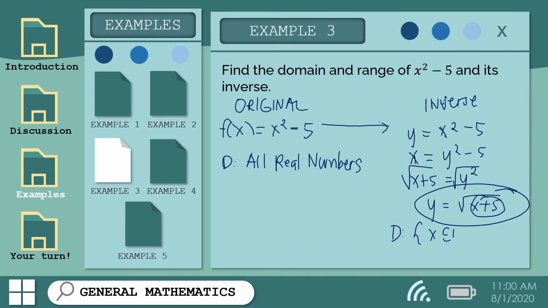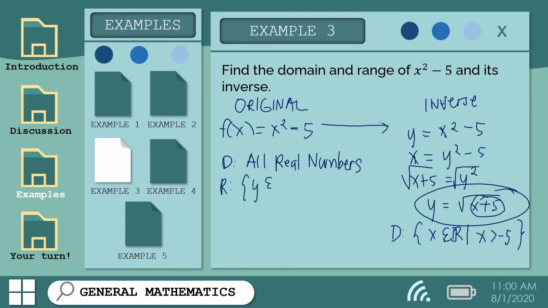So, ibig sabihin po nito na ang domain ng ating inverse function, square root of x plus 5, ay those real numbers x greater than negative 5. Since meron na tayong domain ng ating inverse, we can now determine kung ano yung range ng ating original function.